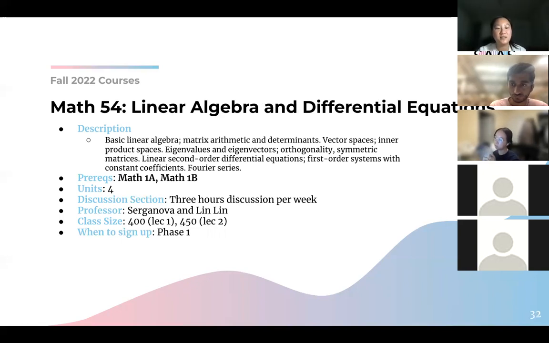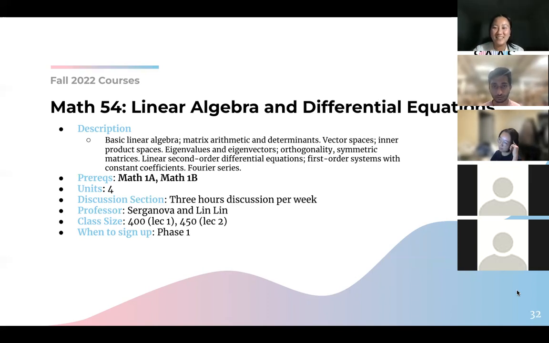And the professors are Serganova and Lin. I really like Lin. So if you can take both and you want my recommendation of professor, I like Lin. Class size, again, is pretty big, 400 for lecture 1 and 450 for lecture 2.